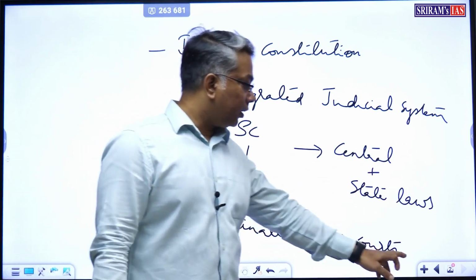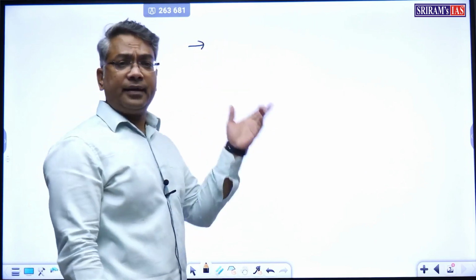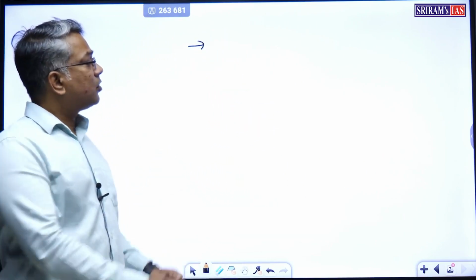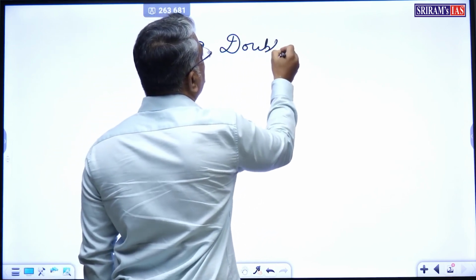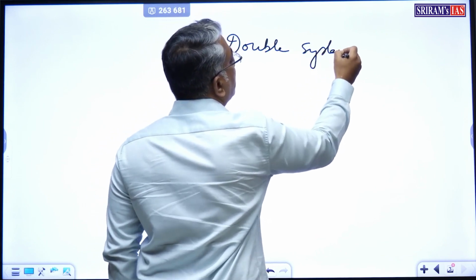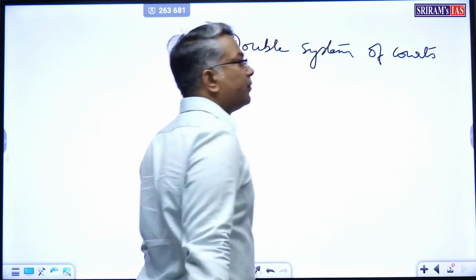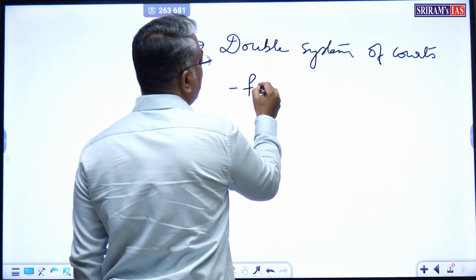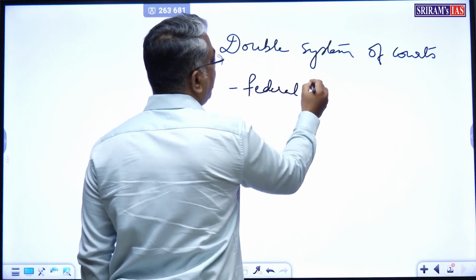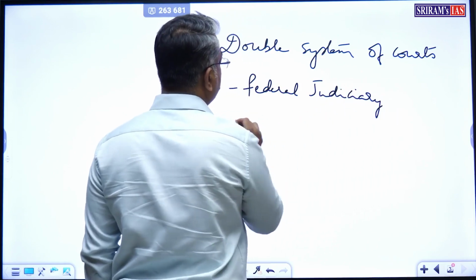Now, what about the American judiciary? Unlike the Indian Constitution, the American Constitution establishes a double system of courts. That is, you have a federal judiciary and a state judiciary.